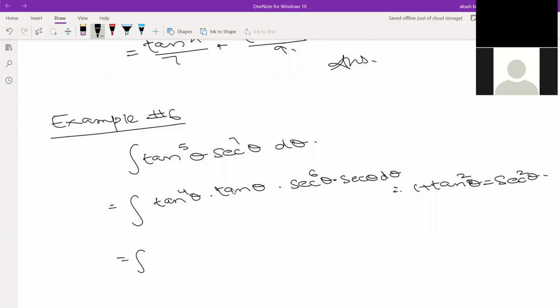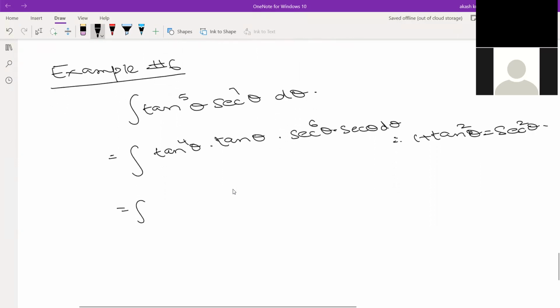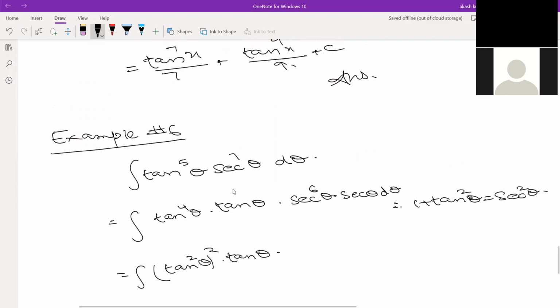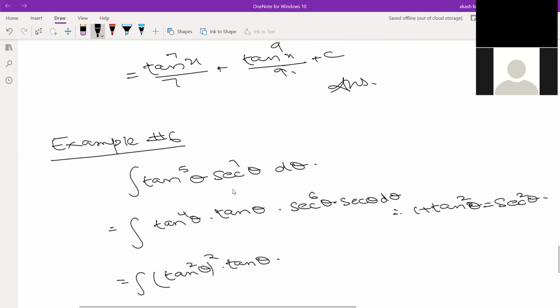Then it will be tan square theta whole square and tan theta, sec 6 theta as it is, and sec theta d theta.